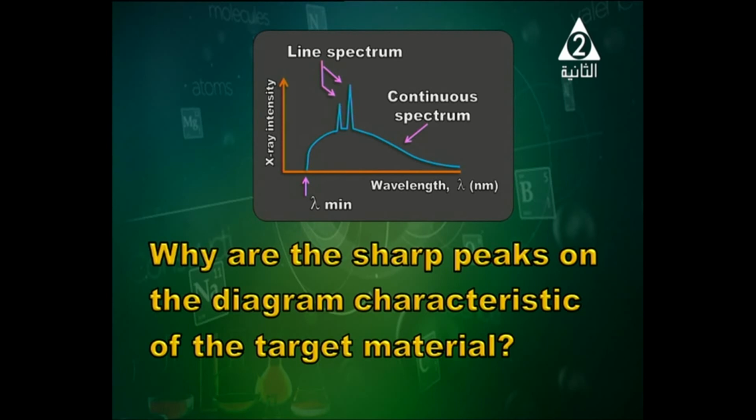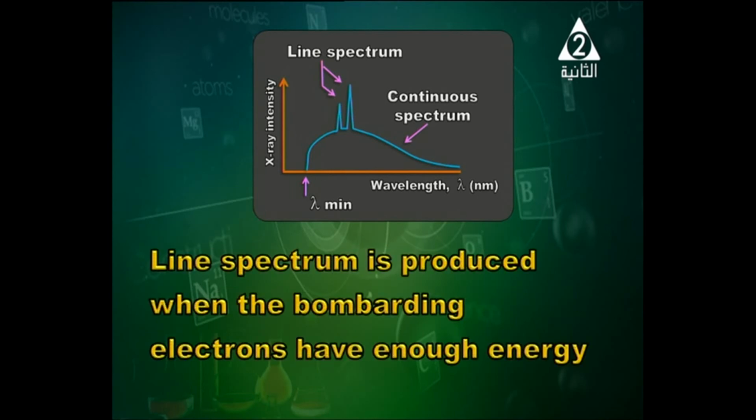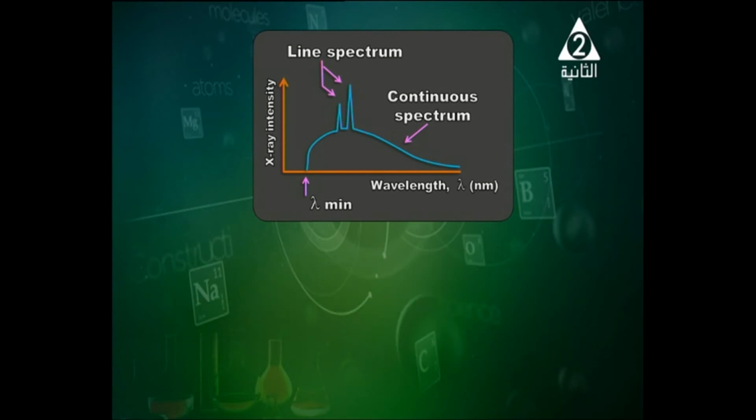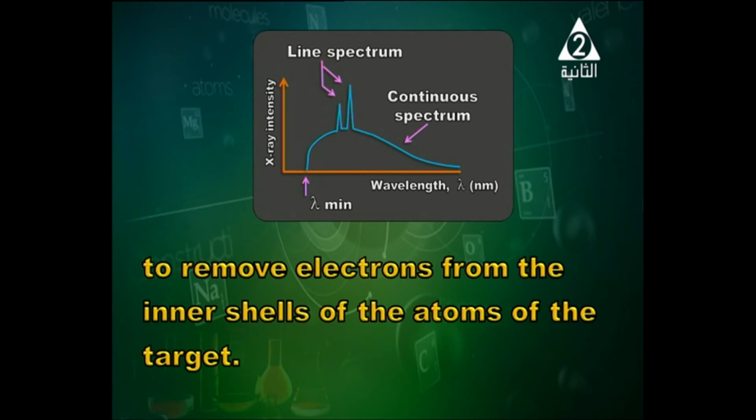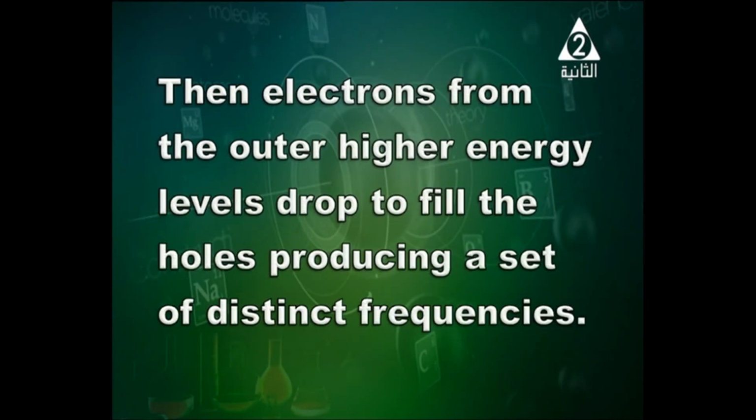So why they are characteristic of the target material? Line spectrum is produced when the bombarding electrons have enough energy to remove electrons from the inner shells of the atoms of the target. And what happens next? Okay, then electrons from outer higher energy levels drop to fill the holes, producing a group of distinct frequencies.